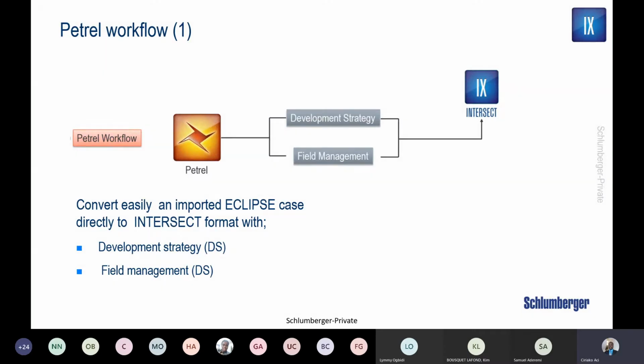Here, the algorithms are put in place and optimized along with other templates to help you easily model the decisions or the scenarios that you would like to undertake. And again, after choosing each of these, you will be able to just choose the simulator, which is Intersect, and run.